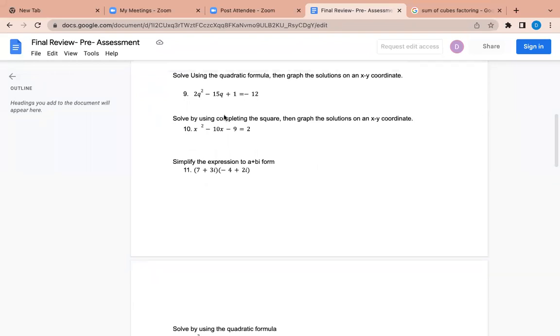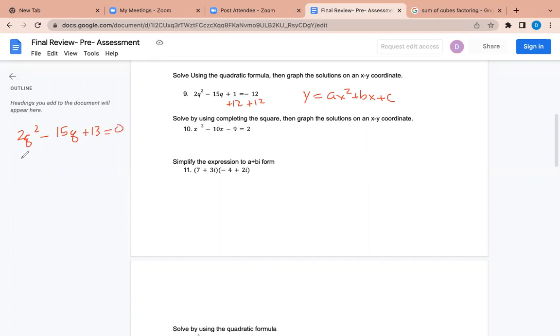All right, quadratic formula. Make sure you put it in standard form, right? Standard form is y is equal to ax squared plus bx plus c. There's a 12 here, or you can make it as long as it equals 0. So you have to add the 12 to the 1. So it is 2q squared minus 15q plus 13 is equal to 0.